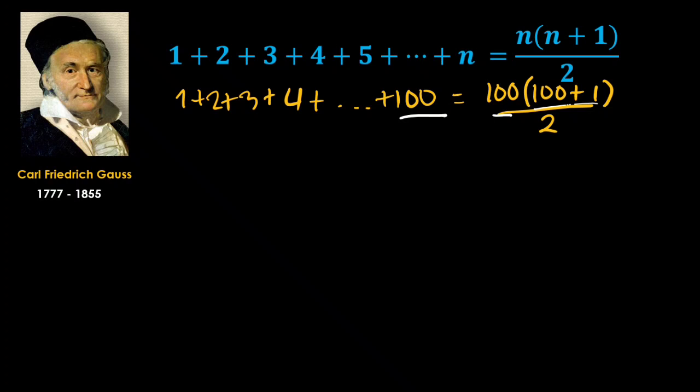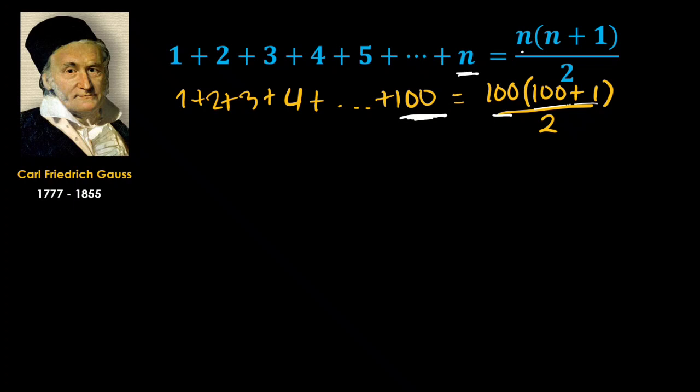It's not only 100, but for any number n. And it goes with the same pattern. If our last number is n, then we have n here, and then multiplied it to n plus 1, and then divide it by 2. So that's the same pattern we get.